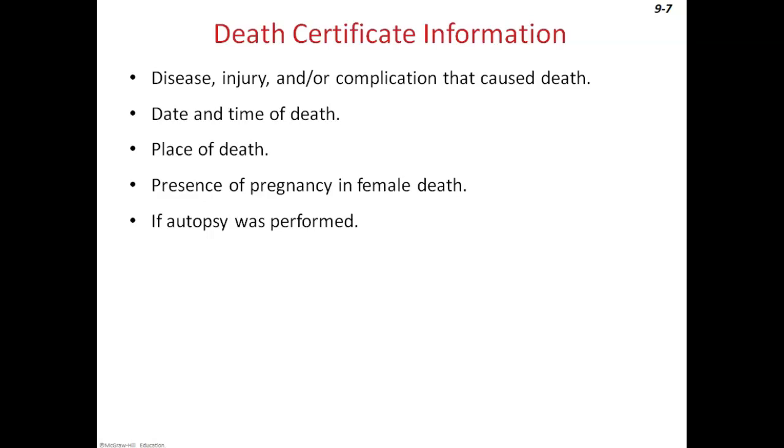After a person is pronounced dead, the attending physician must complete the medical portion of the certificate of death. This usually contains the following information: the disease, injury, and complication that caused the death, and how long the patient was treated for this disease, injury, or complication before death, the date and time of death, place of death, and if the deceased was female, the presence or absence of pregnancy, and lastly, whether or not an autopsy was performed.